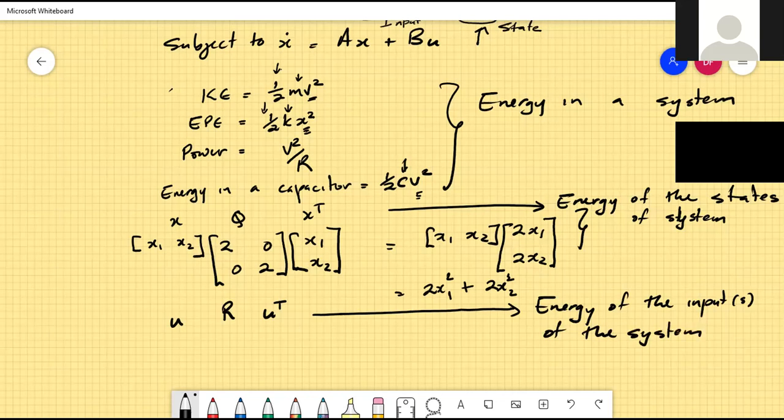So J tries to find a set of gains that minimize the energy of the system.